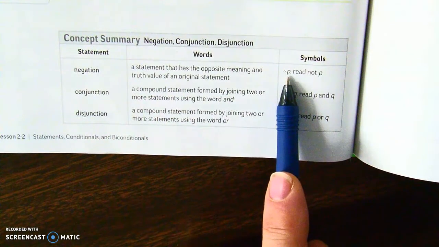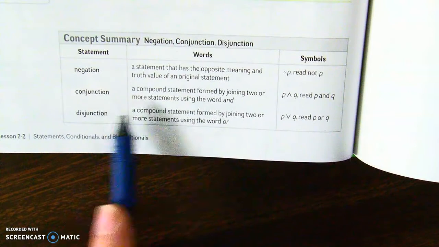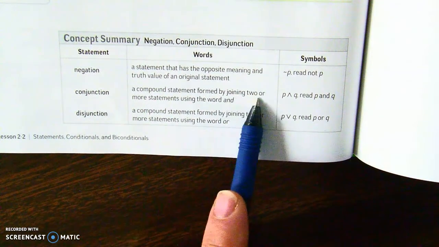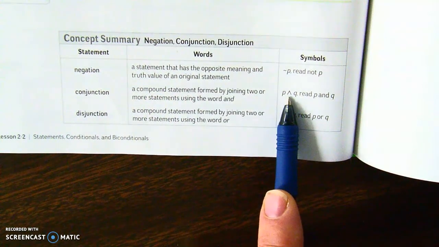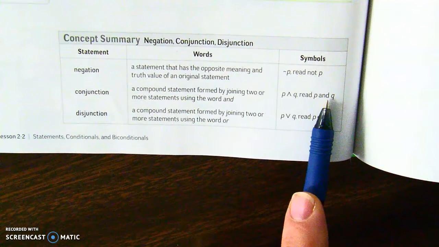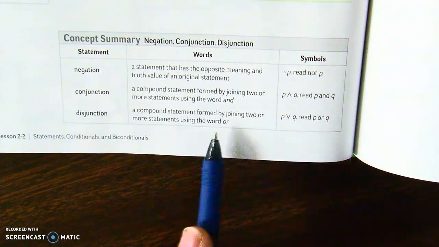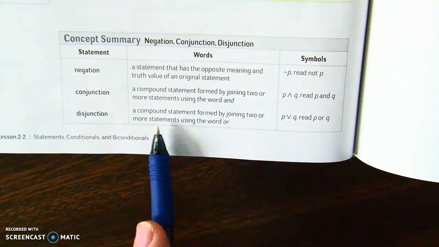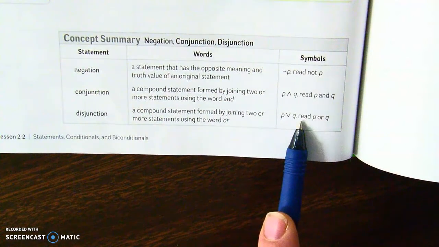And by doing that, you use the little symbol here. Okay? Conjunction is an and statement, and they both have to be true. Remember, using your upside down capital V or the and word, and they again have to both be true. And then disjunction is an or statement, and only one of the two have to be true, and we use a capital V for this part here.